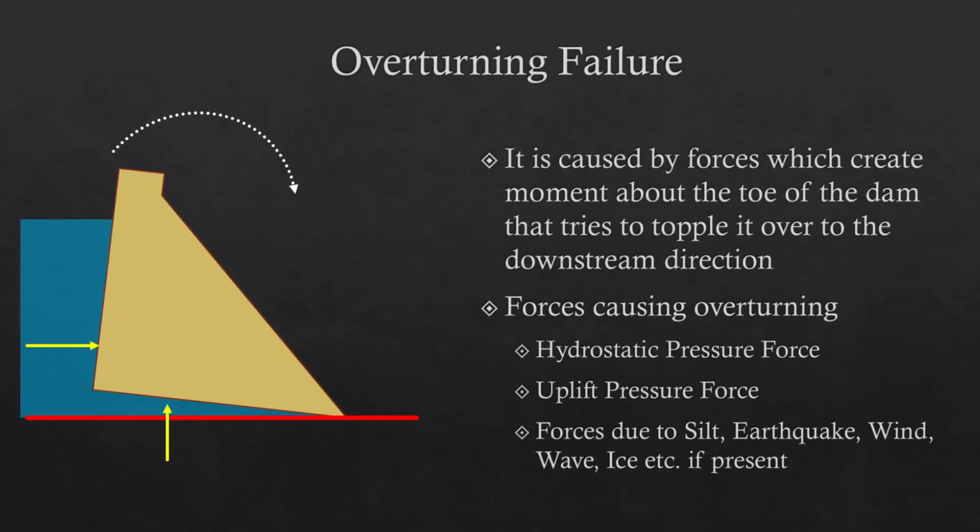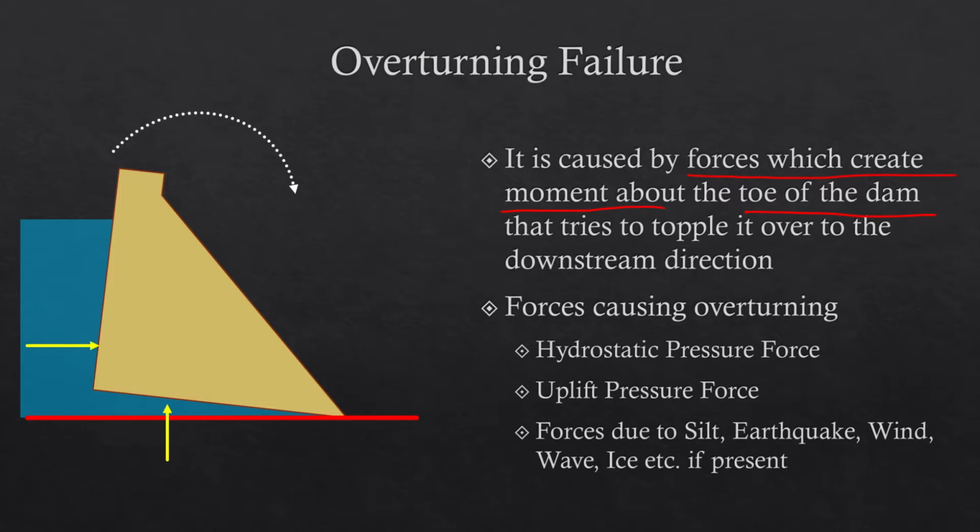The first one is overturning, and as we've discussed, it is caused by the forces which create a moment about the toe of the dam. It tries to topple it over to the downstream direction.